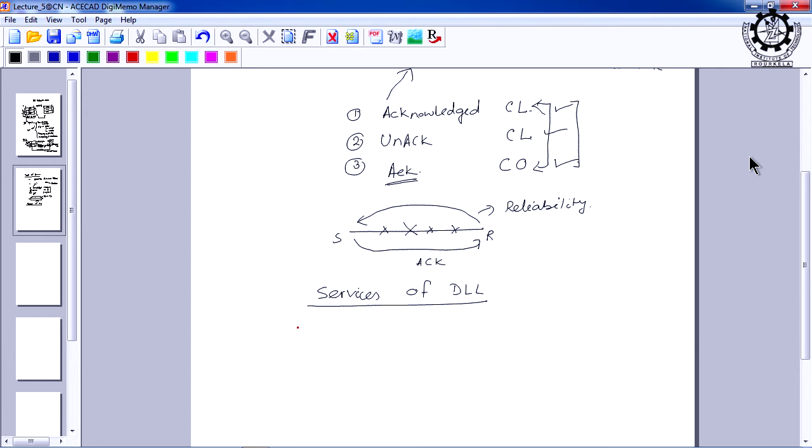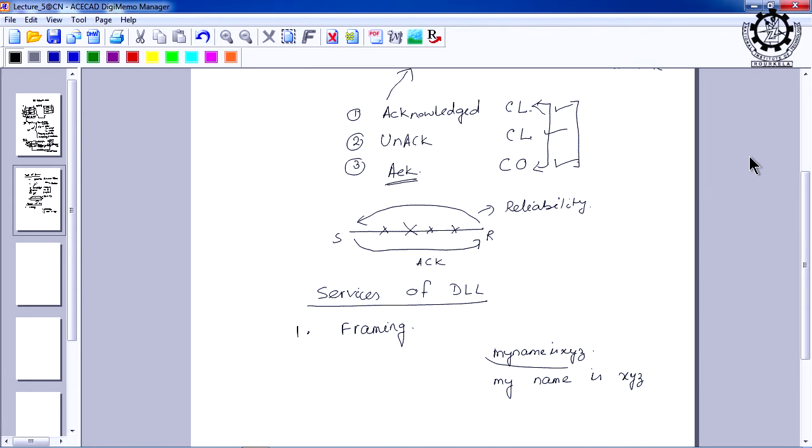The first kind of service is framing. Why do you need framing? Let us say I write a sentence like this. I write a sentence like this. Is there any difference between these two? There is. The reason is that the first sentence has no meaning, but if I say this one with the same characters, this is a sentence having some meaning.